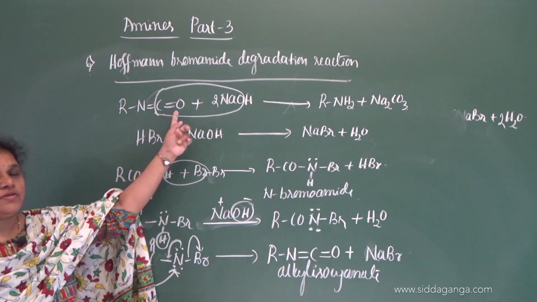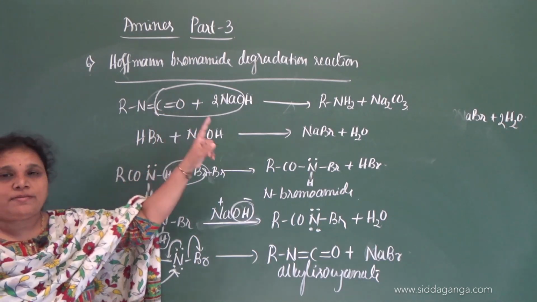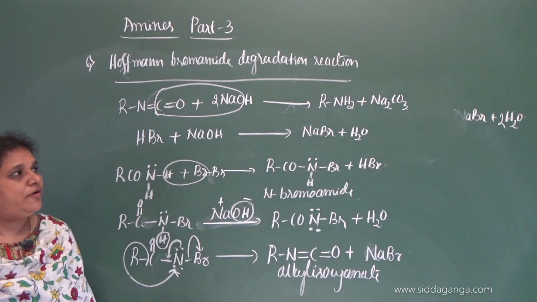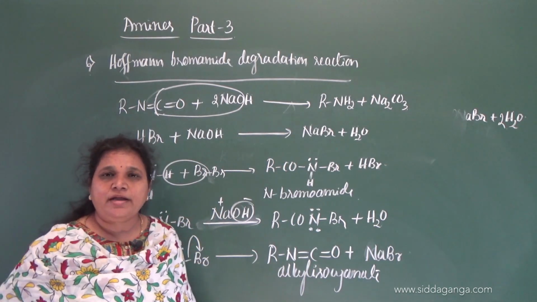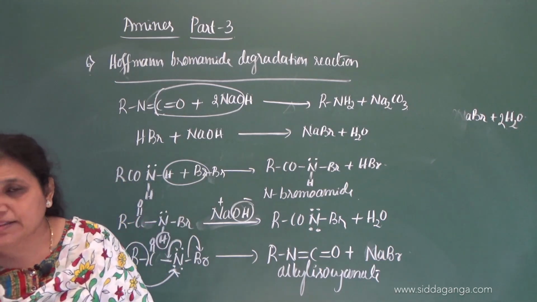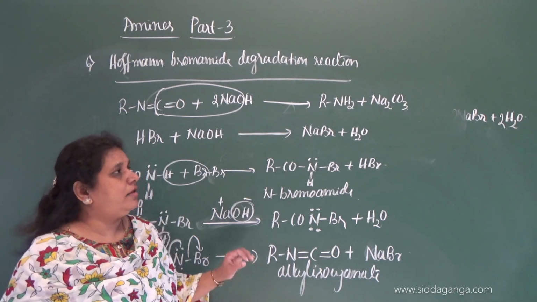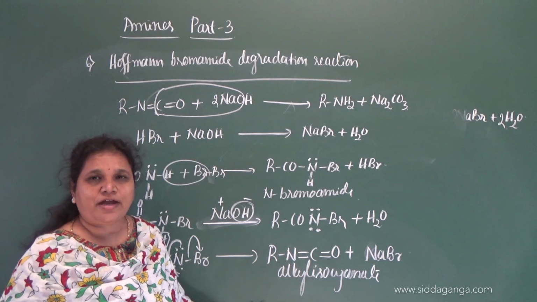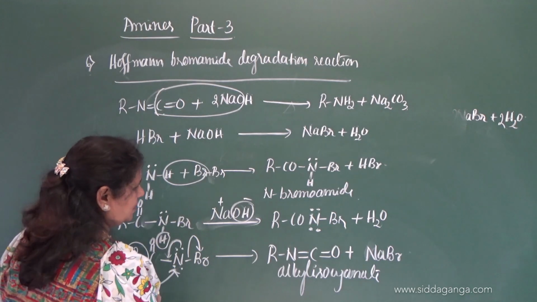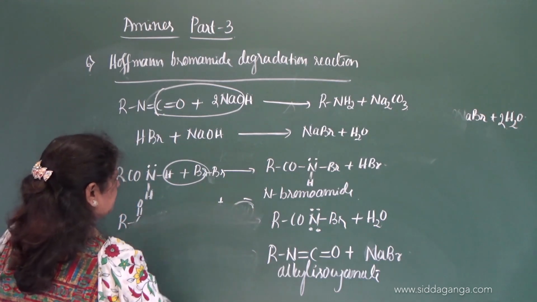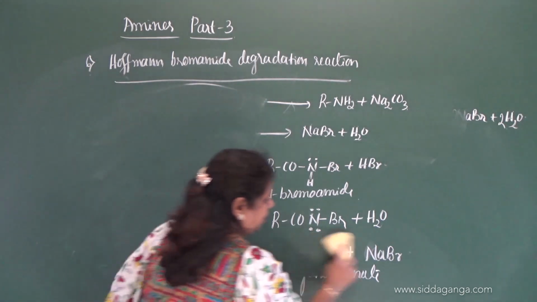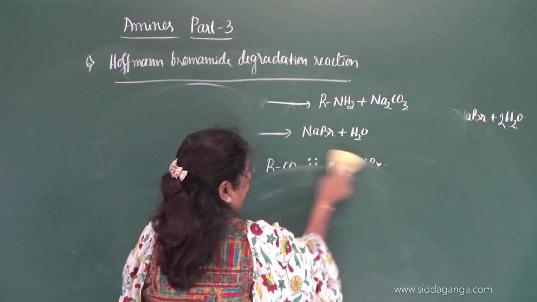From alkyl isocyanate, the carbonyl group eliminates in the form of carbonate, and this is the mechanism of the Hofmann bromamide degradation reaction. So these are the methods to prepare primary amines, aliphatic and aromatic amines. Let us move on to the examples. So note down these reactions and let us move on to the examples for the Hofmann bromamide reaction.